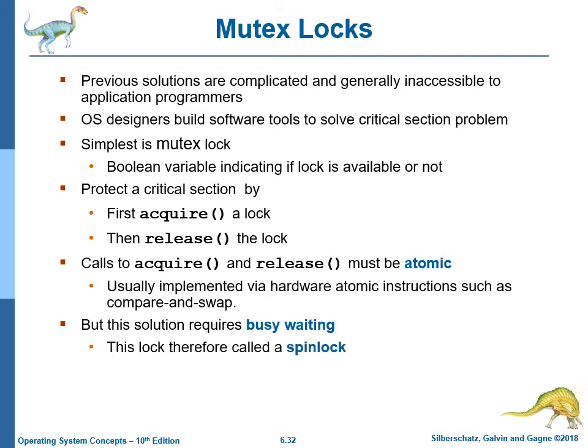The acquire and the release functions are called atomically, as a system call. Normally it is implemented using hardware atomic instructions such as compare and swap, as we saw earlier.